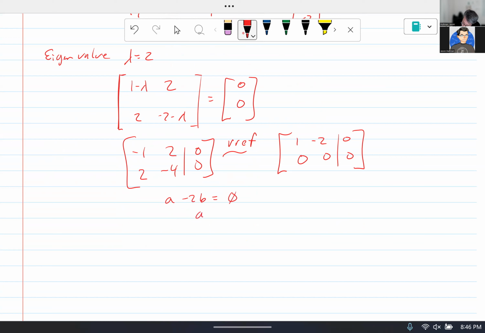So that tells me that a is equal to 2b. So in this case, it's going to be 2b, b. And so I can factor out the b, and I get 2, 1.